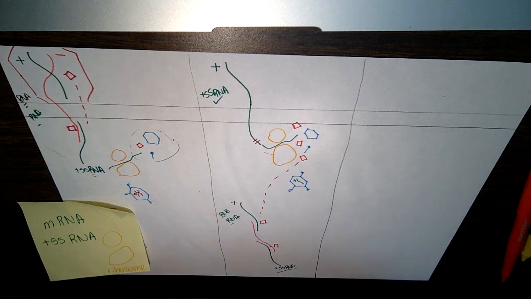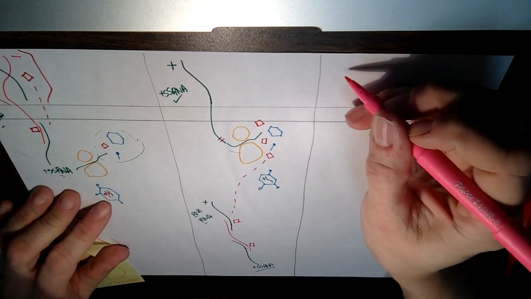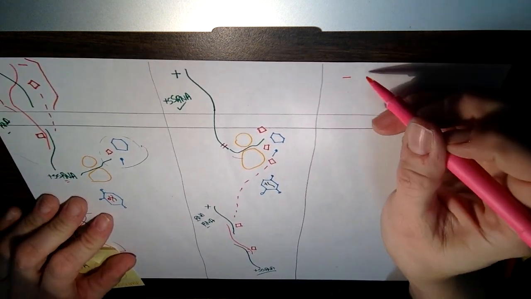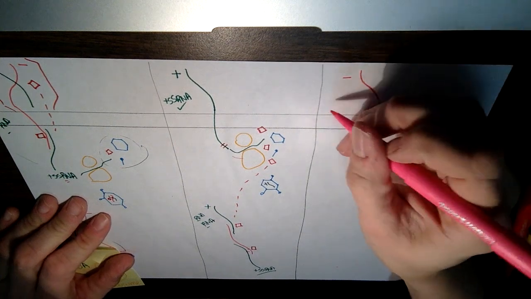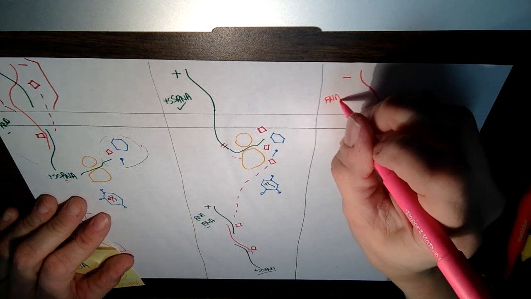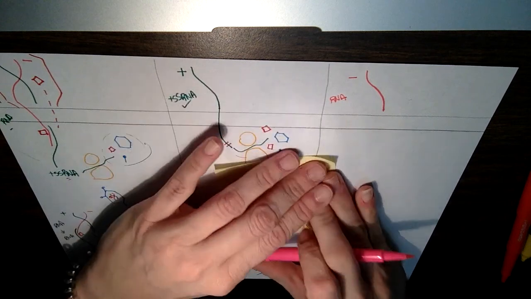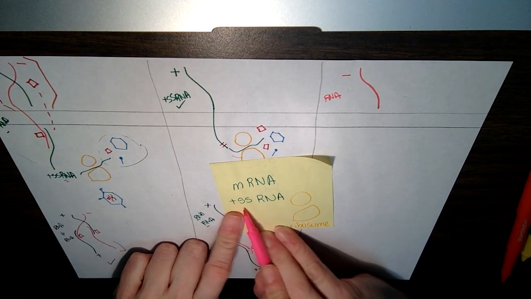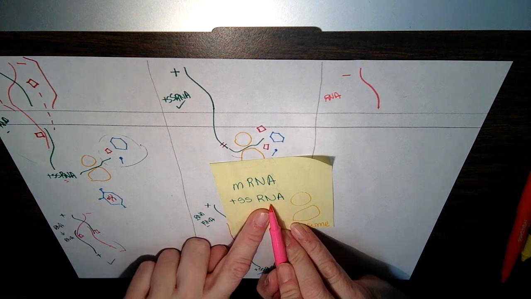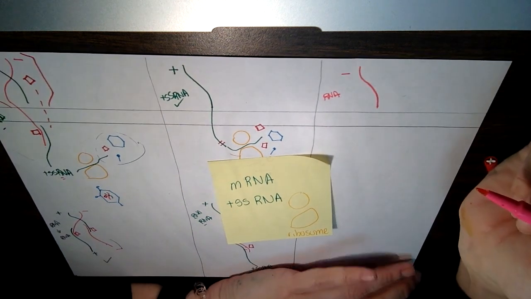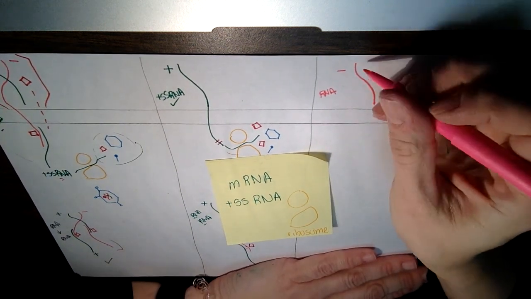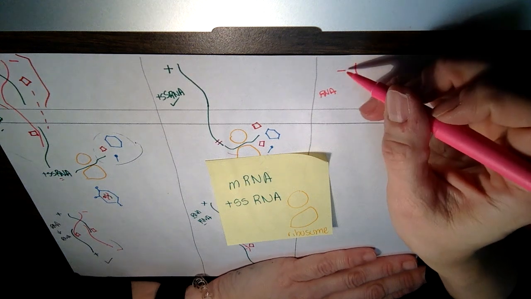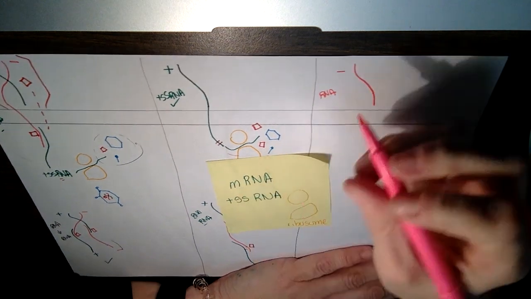All right, the last one we're going to talk about is if we were given a negative strand of RNA. So this is RNA. What do we need? We need it to be in this form. We need it to be in positive single-stranded RNA. So we're in luck. We're starting with a negative, and we need to go to a positive.